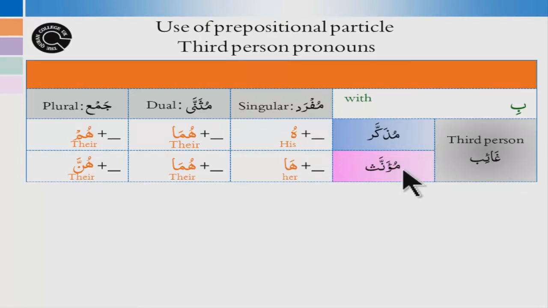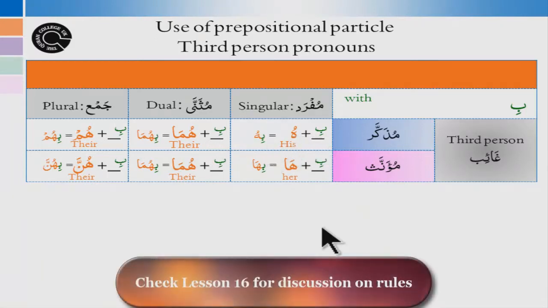Now let's apply the ba with the kasra on this whole table first of all, and then when it goes with the hu, so it is bihu, bihuma, and then bihum, and the next one would be biha, bihuma, bihunna. Now you have seen that in this bihu, bihuma, bihum, there is hu just there. Now if you remember, we have learned some rules in lesson number 16 about the hu.